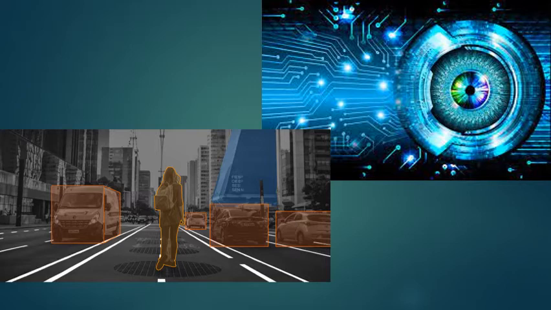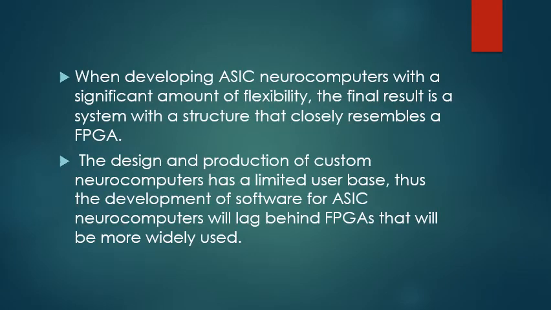This can create the impression that ASIC systems offer a better alternative for the development of efficient neurocomputers, but in fact, this is not quite true. There are two important reasons to take into consideration regarding FPGAs being a better alternative to the idea of developing ASICs for beating general-purpose processors in performance.